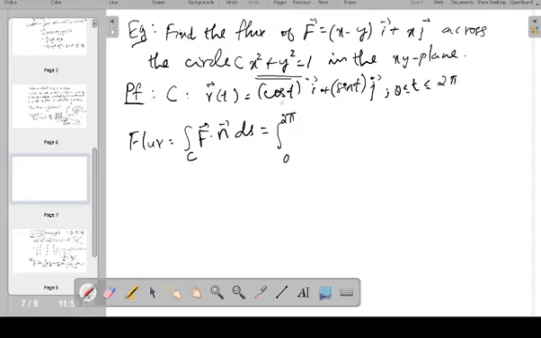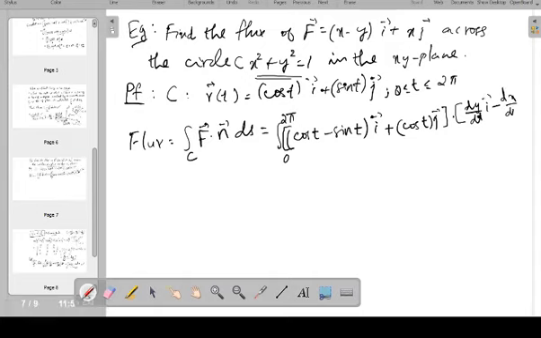So F along the circle is cos t minus sin t times vector i plus cos t vector j, that is the value of F along the circle C, dot product with n ds. n ds is dy by dt vector i minus dx by dt vector j dt.